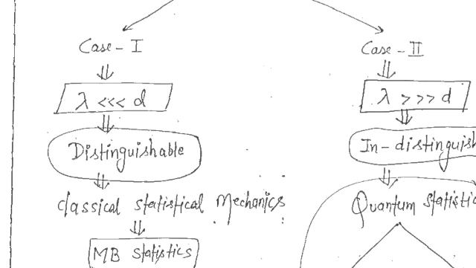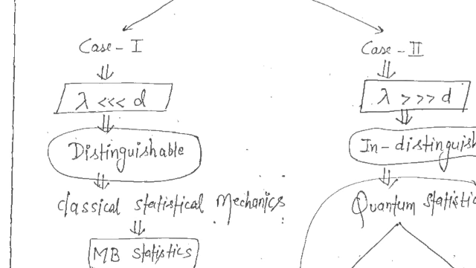Alright, so if the wavelength is very less than the separation between the atoms, then the particles will be distinguishable, because all the particles will now come under the wavelength of the wave.